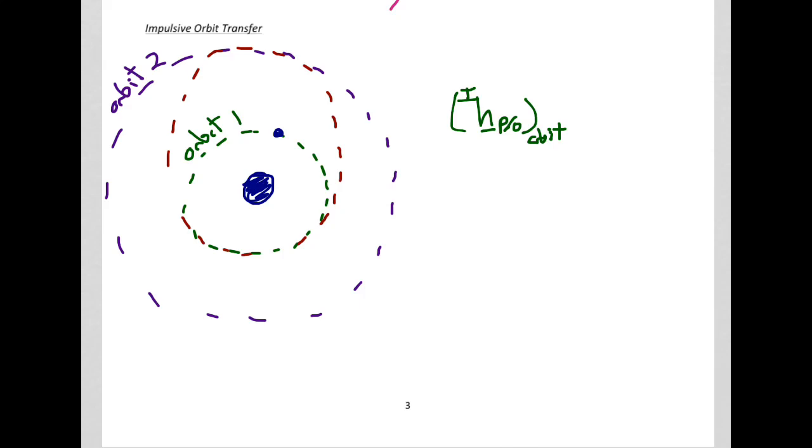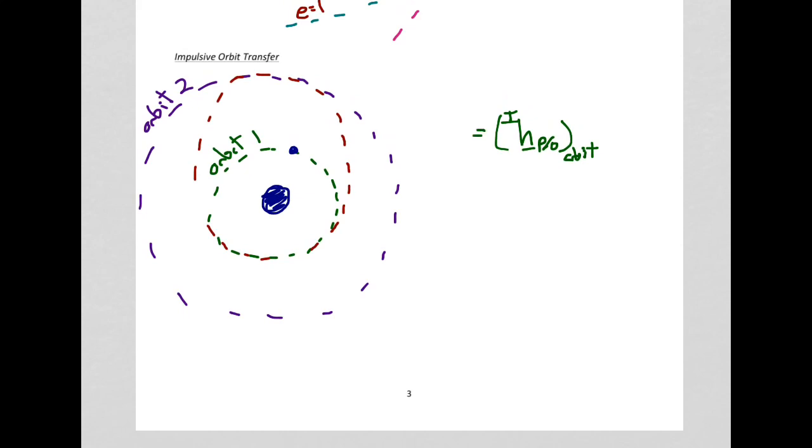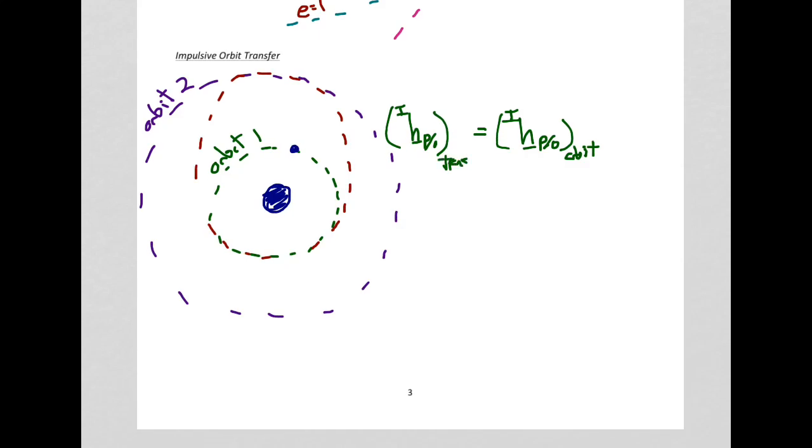To get into a transfer orbit from our first orbit, we need to add an angular impulse. This angular impulse will occur over a very, very short time, time 1 to time 2. That's what's going to get us from orbit 1 into our transfer orbit.